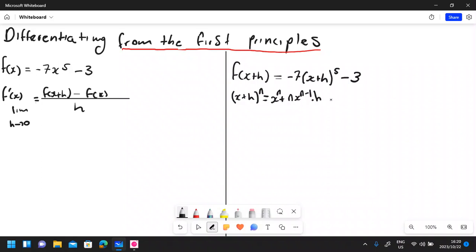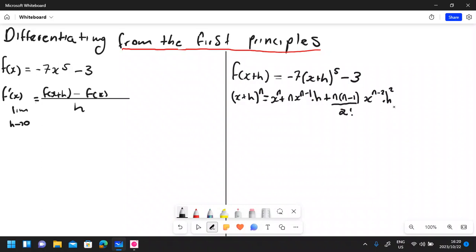That is your second term, and your third term, plus. Now you're going to have n, and then n minus 1, right? And then the factorial here is going to be 2 factorial, and then x to the power of n minus 2 multiplied by h to the power of 2.